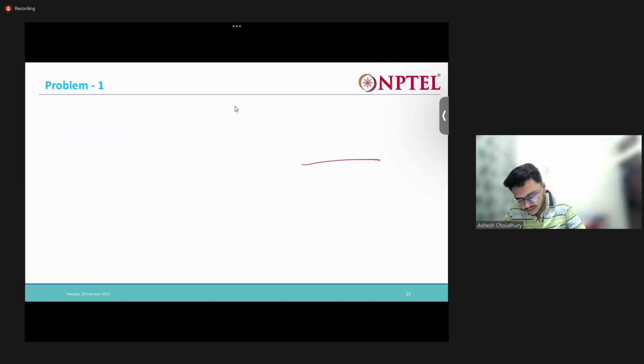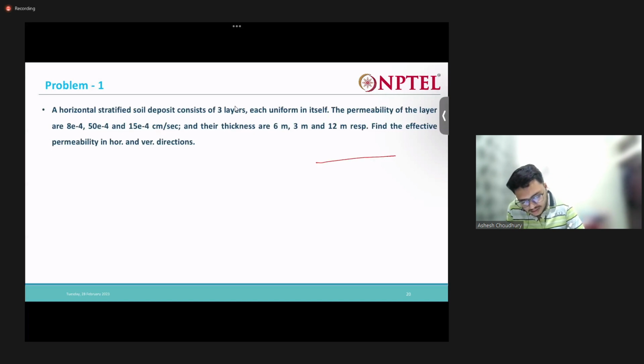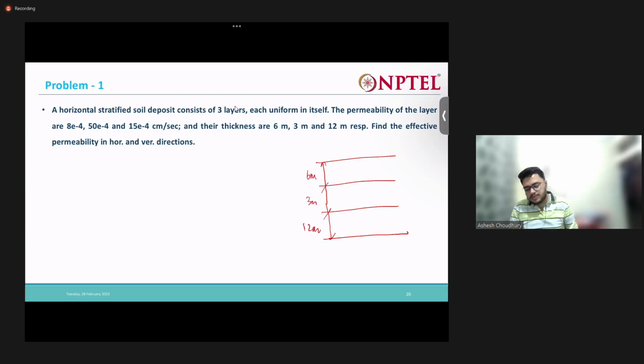So we have three layers of soil, and the thickness is also given. This one is 6 meter, this is 3 meter, this is 12 meter. The coefficient of permeability of each layer is given.